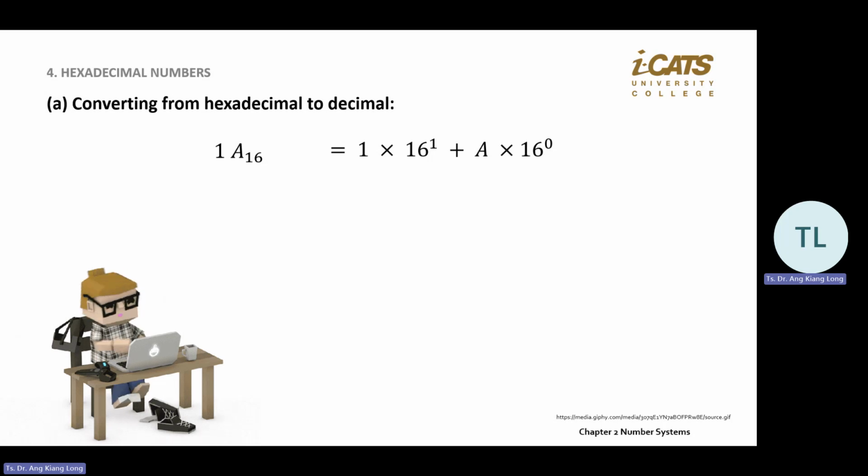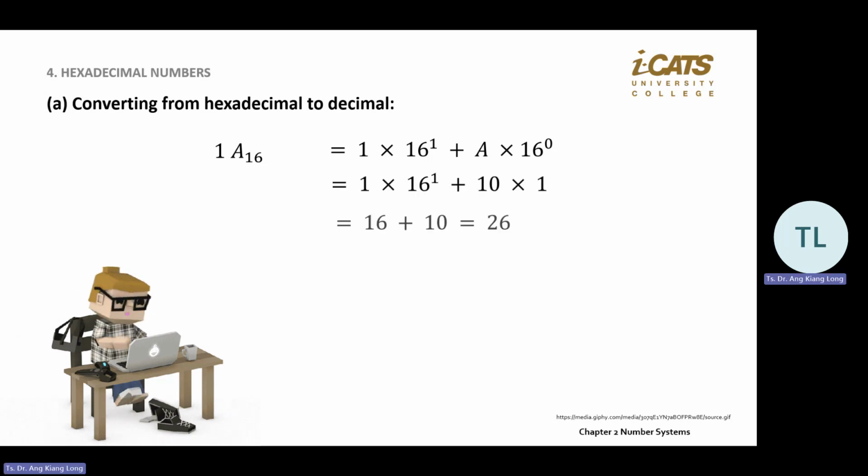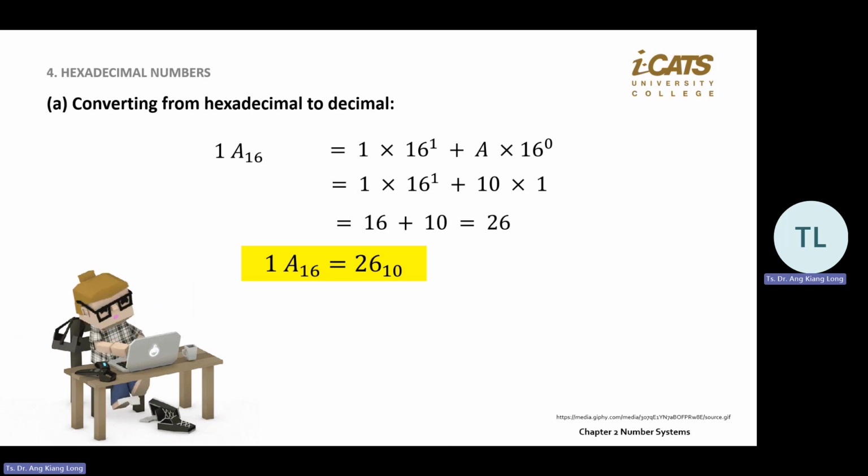Means the position of that number, the least position is 0. Then 0, 1. So 16 power 1, 16 power 0. Then you sum the numbers, you get 26. Okay. So if you refer to a table, you straight away get 26. Okay.